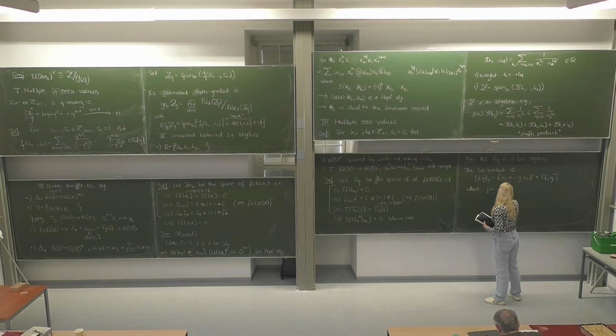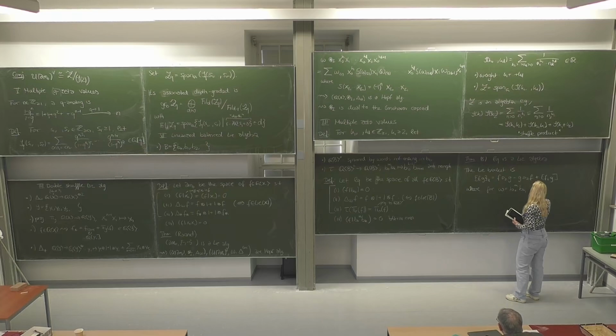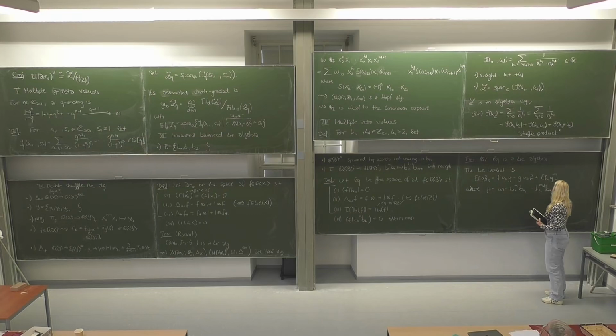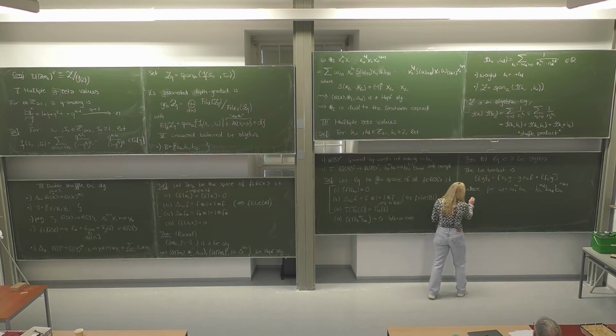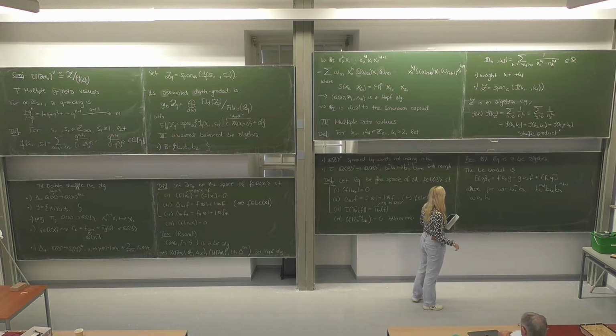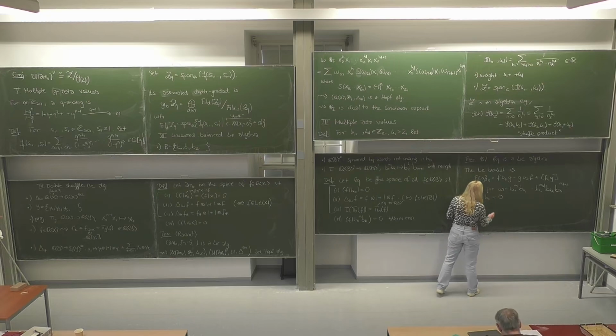Namely, whenever I have any word, I can define the triangle. Again, I just have to say what happens on the letters, because then it should extend as a derivation, because I want it to be a post-Lie structure.